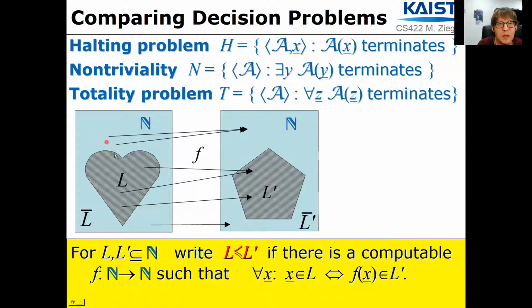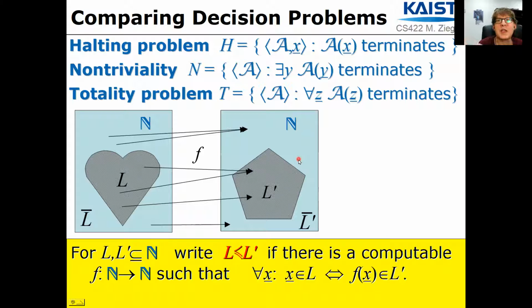Elements that do not belong to L, like here, are to be mapped to elements which do not belong to L prime, like here. And again, injectivity may be violated. Also, we don't require surjectivity. So it is well permitted that this function misses some elements of L prime and that it misses some elements of L prime complement.